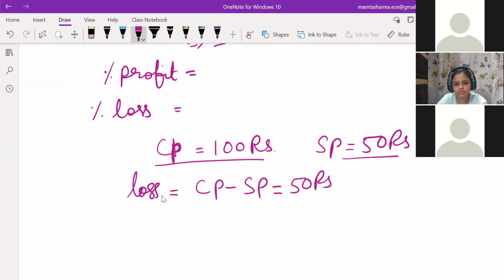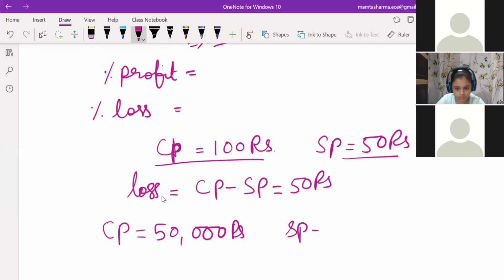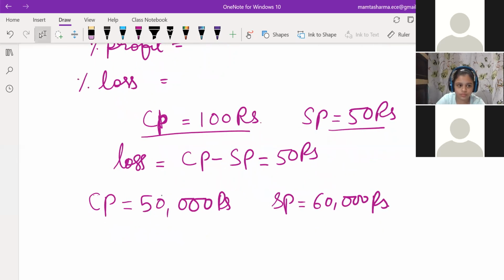Now, if I say I purchased a laptop whose cost price was 50,000, and after 2 years I sold it for 60,000. So am I in a profit or loss?